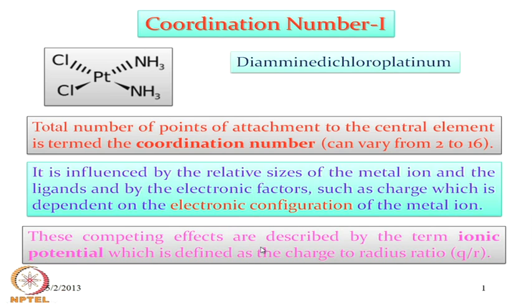So, these competing effects are described by the term ionic potential. If we consider the charge and the radius and the ratio of these two, we are talking in terms of the ionic potential. So, the ionic potential of the metal ion will control the coordination number for the different metal complexes.